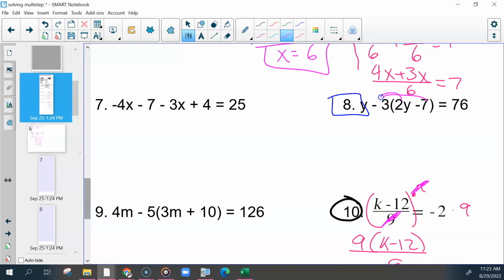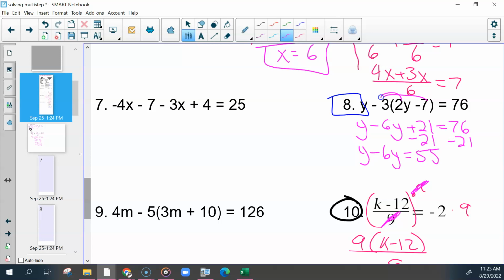And then I brought everything down, so I put 1y minus 6y plus 21 equals 76. Then I subtracted 21 from 76, which gave me 55.